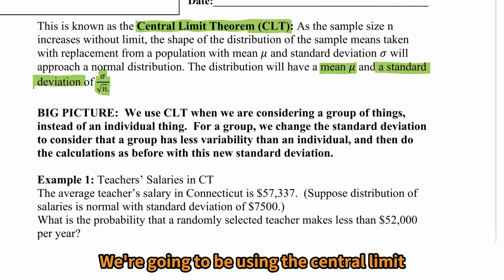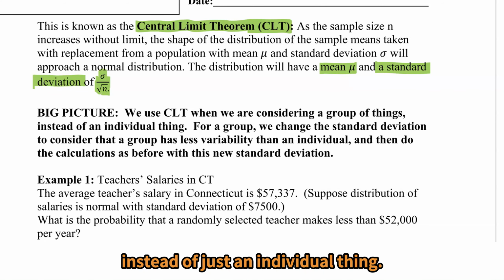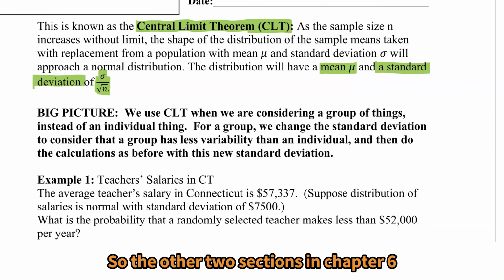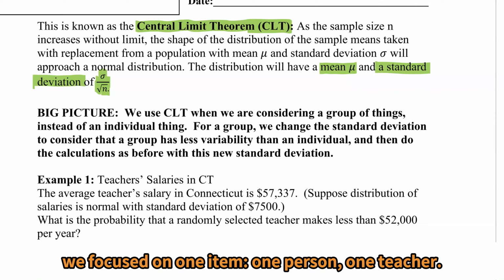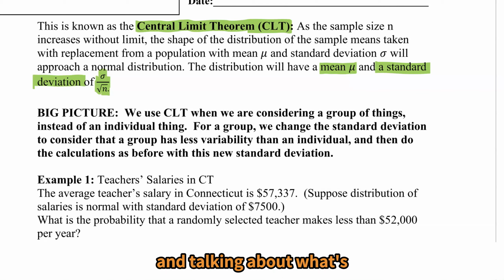We're going to be using the central limit theorem when we consider a sample of things instead of just an individual thing. So the other 2 sections in Chapter 6, we focused on one item, one person, one teacher. Now we're going to be looking at a group and talking about what's the probability for that group having an average of a value.